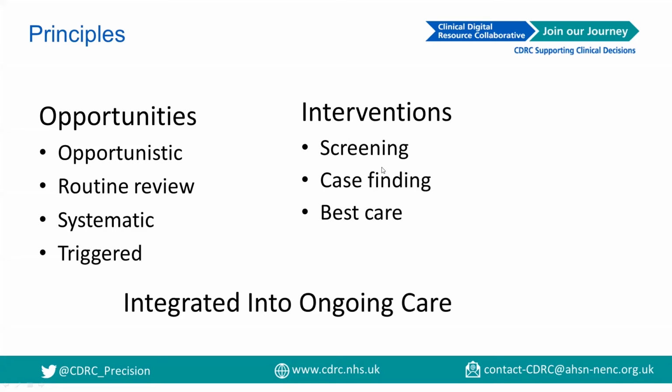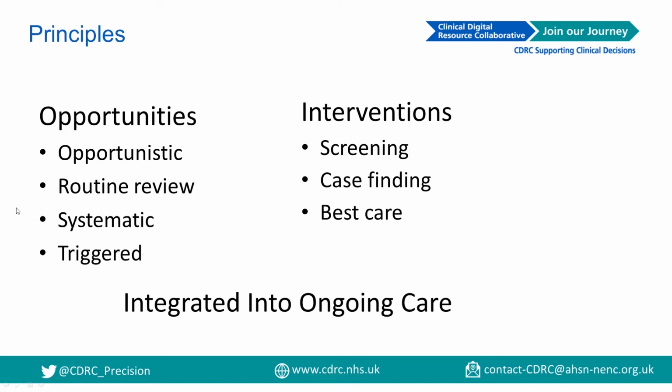There's case finding, that's using the information that you already have to identify patients who've been missed or patients who should be categorized into a certain group. And then you've got providing best care, and that's taking people who have got a particular condition or risk factor and making sure that they have the appropriate management, whether that be advice or referral or intervention or medication.